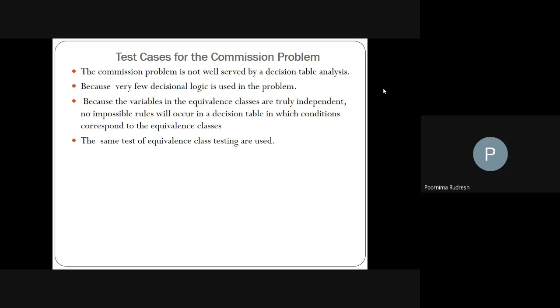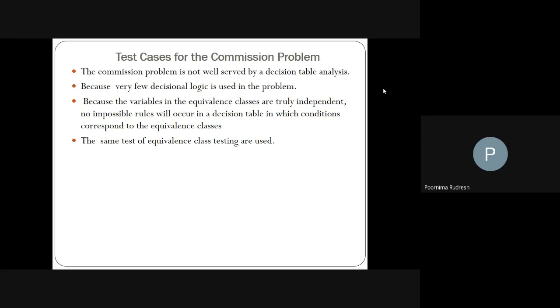Why? Because in the commission problem the condition is clearly defined, right? They are given how many barrels, stocks or locks he has to sell and what commission he is going to get. That is clearly defined in the problem itself, and hence no impossible cases occur.